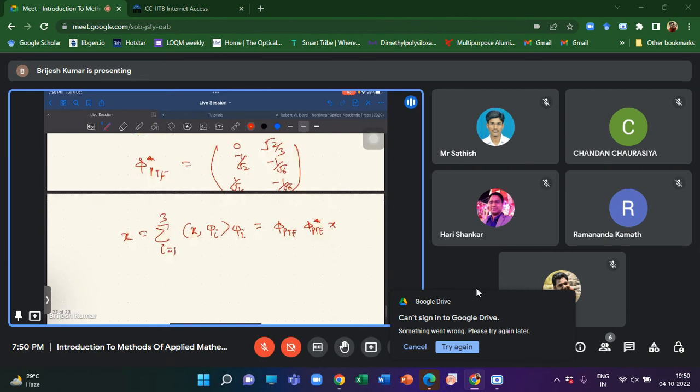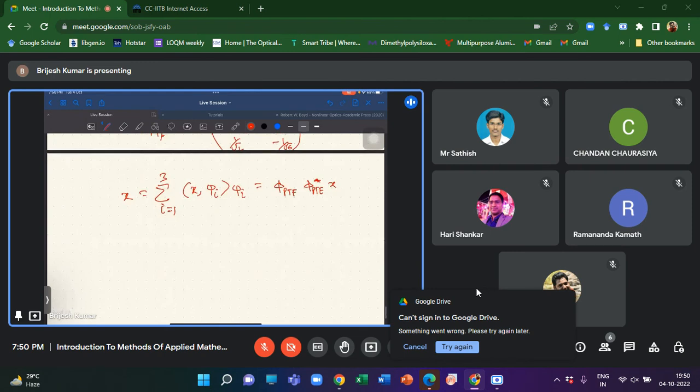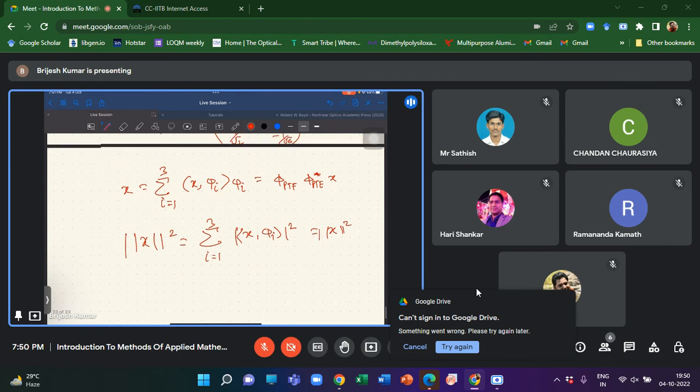If we find the norm, norm x squared is the sum for i equal to 1 to 3 of the mod square of the inner product of x and phi i, which will be the norm of x as well. As we know that phi PTF times phi PTF star is equal to I, this phi PTF can represent any x from R square.